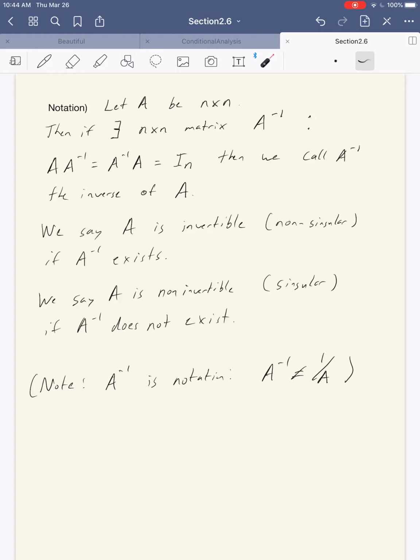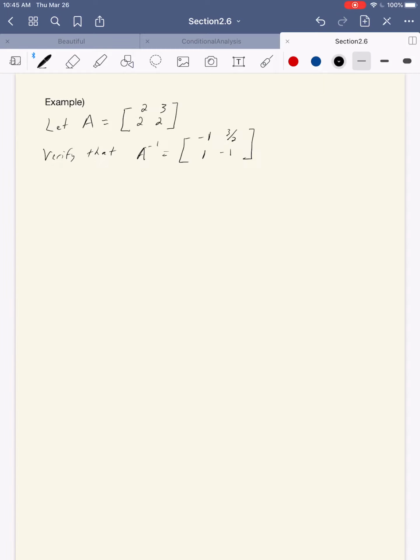All right, probably should look at something a little bit more computational. So let's go ahead and do an example of verifying that something is a matrix's inverse. So we've got this little tiny 2x2 matrix here. Matrix A is [2, 3; 2, 2], and we're going to verify that the inverse is [-1, 3/2; 1, -1]. So how do we confirm that?